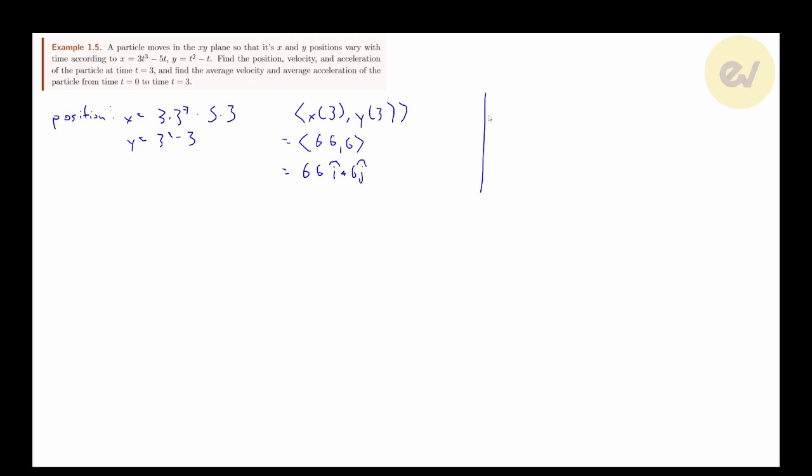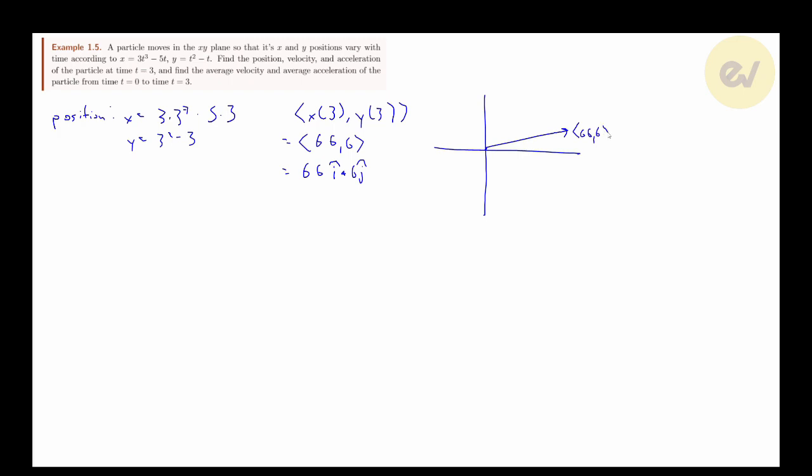You can think of this on the xy plane. Oh, I can't draw. You can think of it as the particle is at some position, like the vector 66, 6.